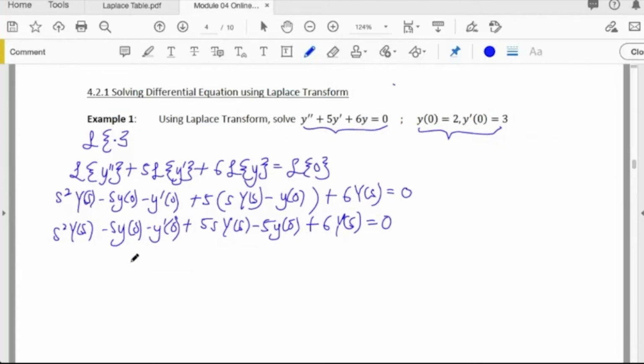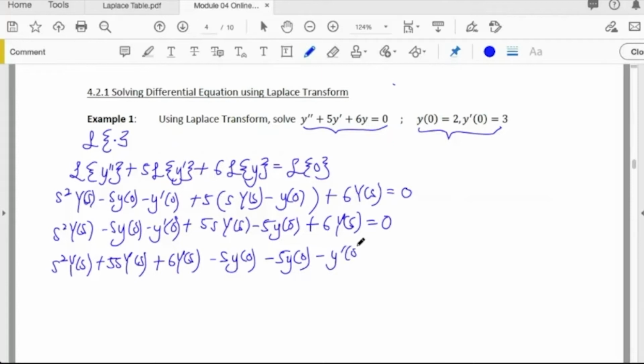Next we can group similar components: s squared Y(s) plus 5s Y(s) plus 6Y(s). And what else? Minus s y0, minus 5y0, minus y prime 0.